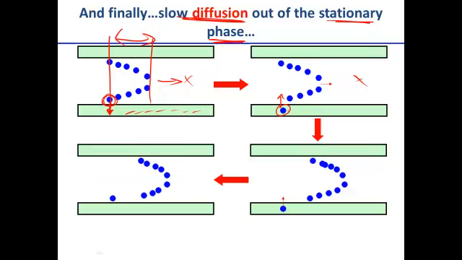And so by the time this molecule diffuses back out into the mobile phase where it can move, the rest of the band has been transported along the axis of the column. So we have this molecule here diffusing out, and by the time it makes it back out in the mobile phase, the rest of the band has moved on. And so now, if you imagine this occurring for several molecules, we have a peak that's even wider. So in this case, the fact that diffusion is slow in the stationary phase is the big problem.